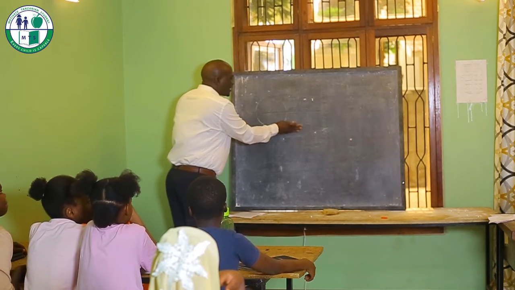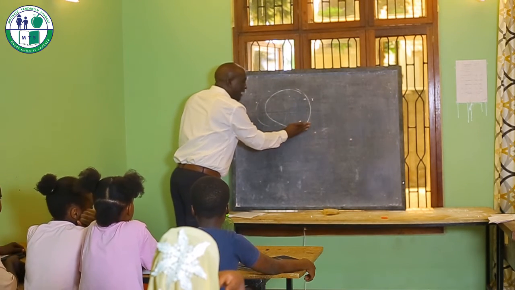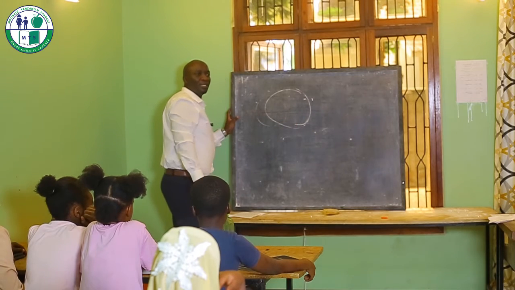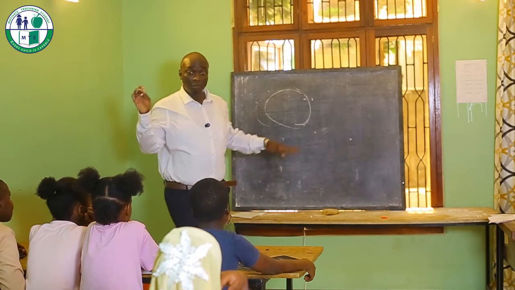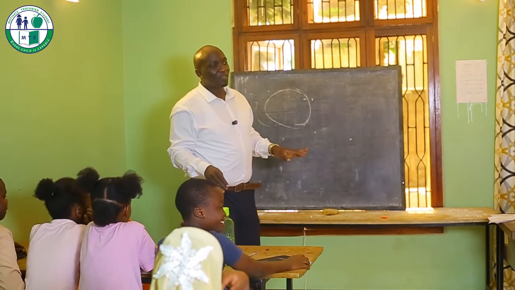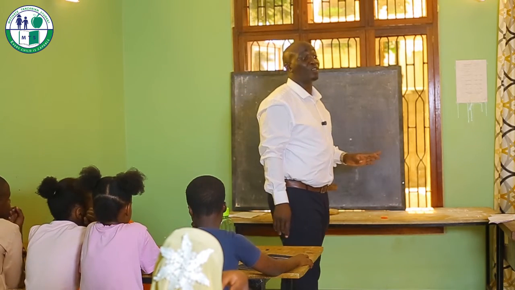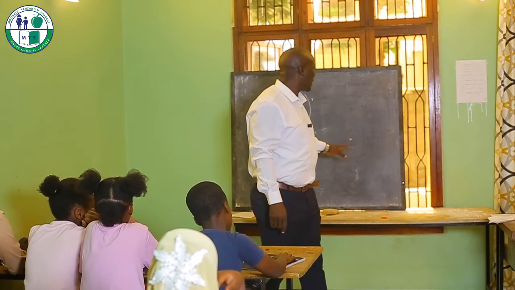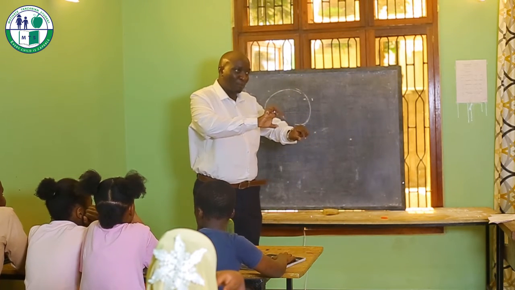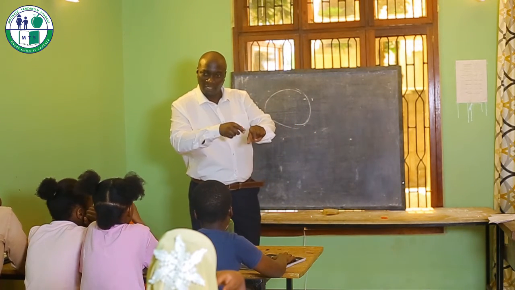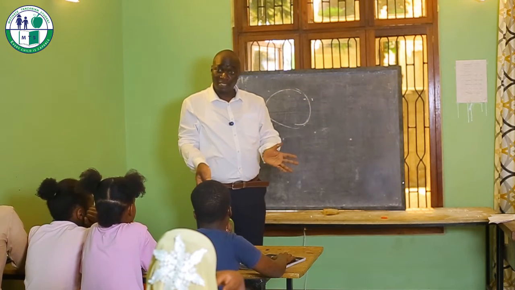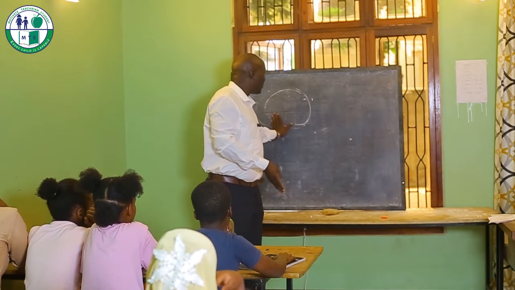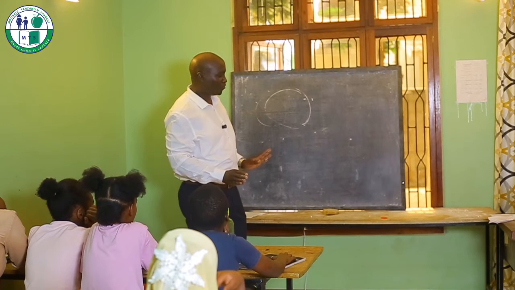Kama distance from the center ikiwa tofauti, baiskeli haitembei vizuri. Hata wewe mwendeshaji, you will not feel comfortable. Understand? And there is another good way ya kunyosha ringi, ni kukaza zile spoke tu. Umekaa vizuri kwenye radius na diameter.